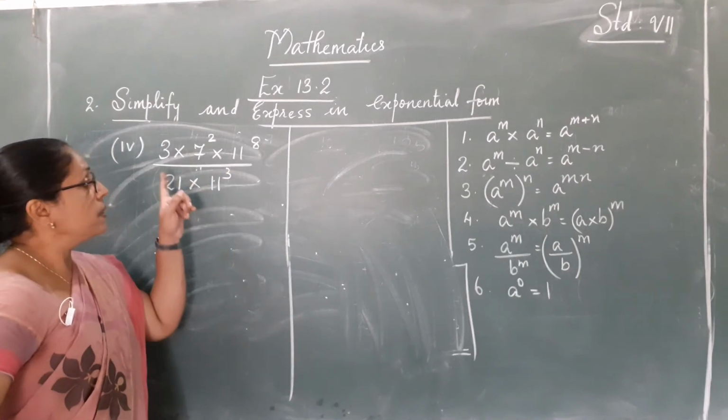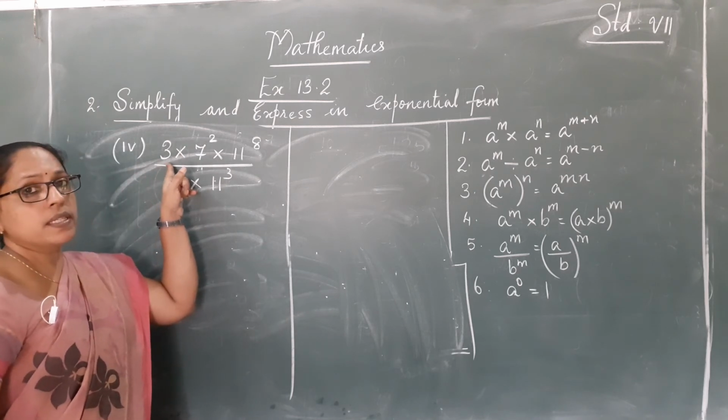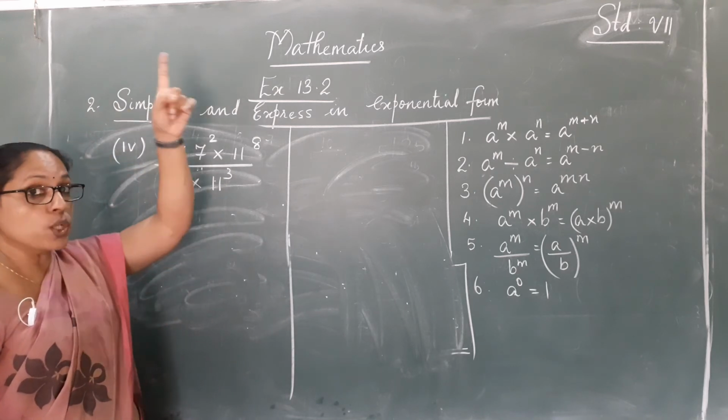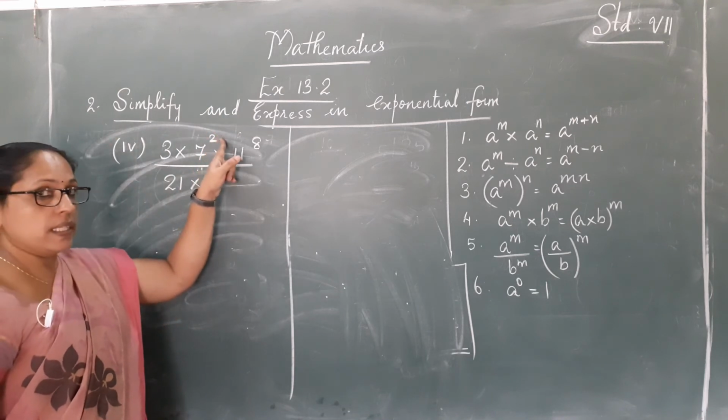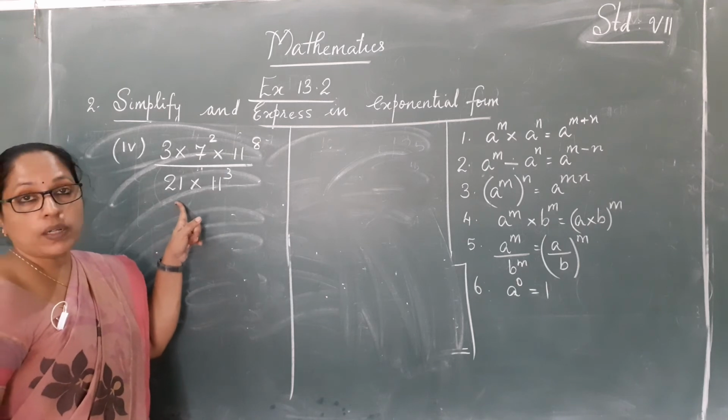Check all the numbers and see they are in power form. 3, what does 3 mean? Yes, 3 raised to 1. 7, it is in the power form. 11 raised to 8, power form. 21, 21 is not in the power form.